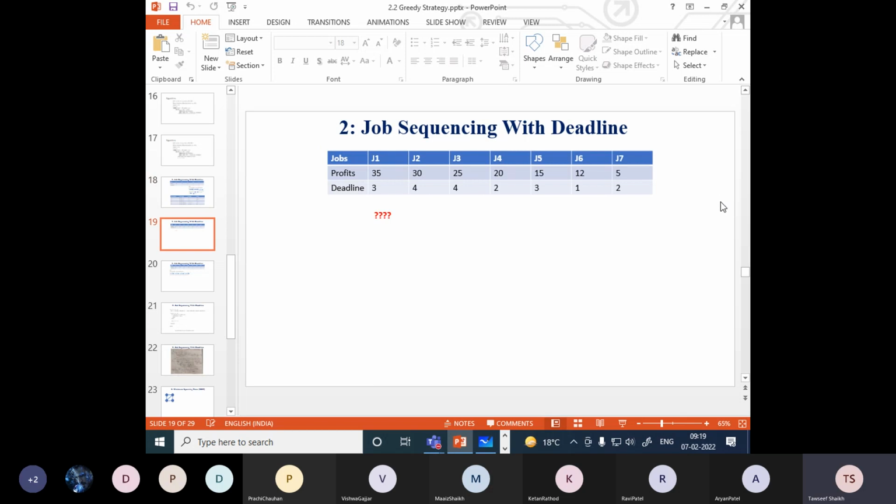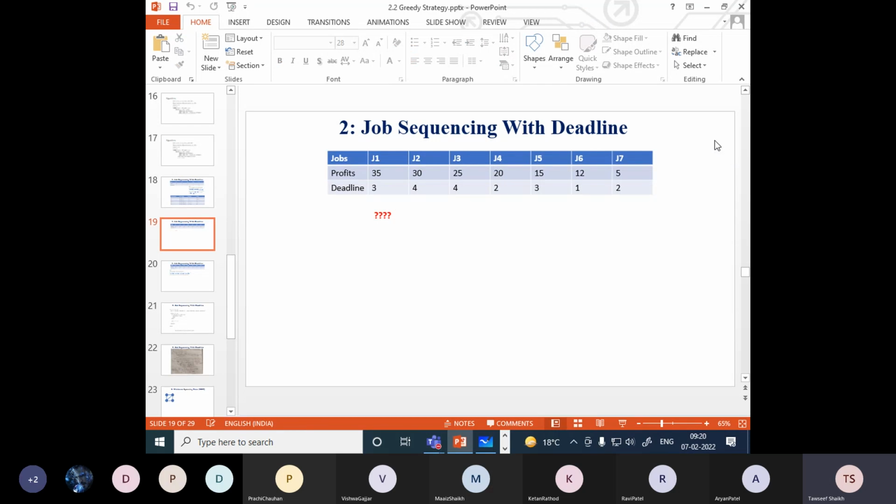And there is one more example of the same pattern. The only thing is that the number of jobs has increased. Initially it was 5, now it is 7. And the corresponding deadlines are given here. I thought I will give you this as an assignment to think over, how to solve it.